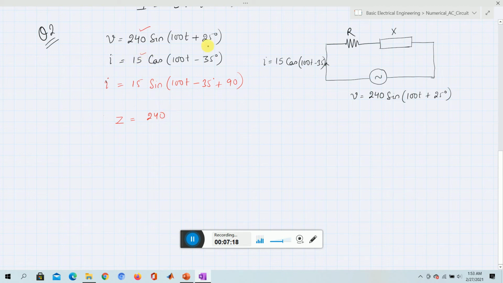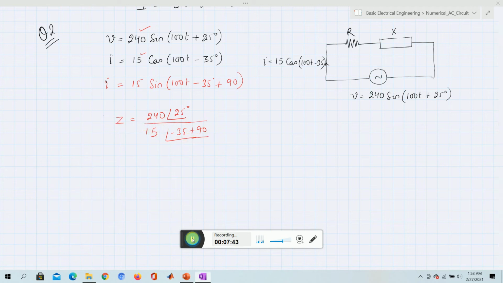So 240, the angle is 25 degree, and here the current is 15, and the angle is minus 35 plus 90. So I am writing as it is here, minus 35 plus 90. So now the value of the Z we can solve by using this.